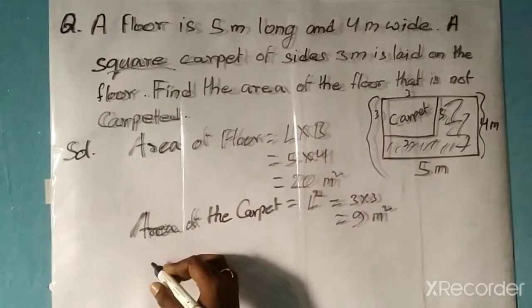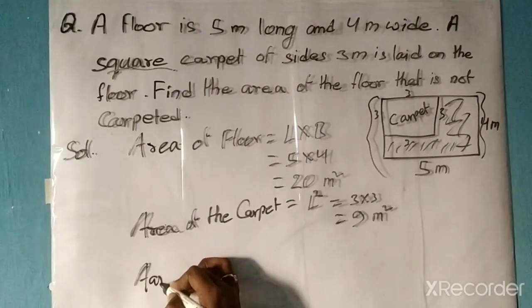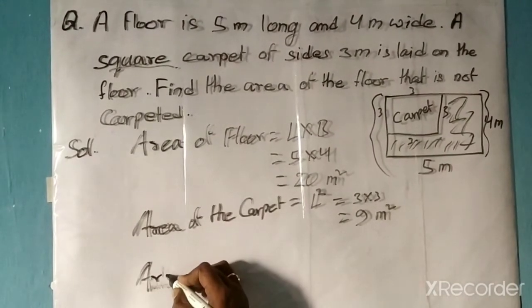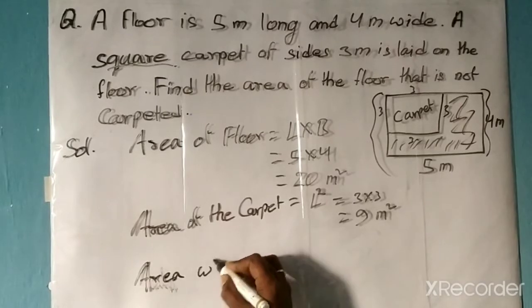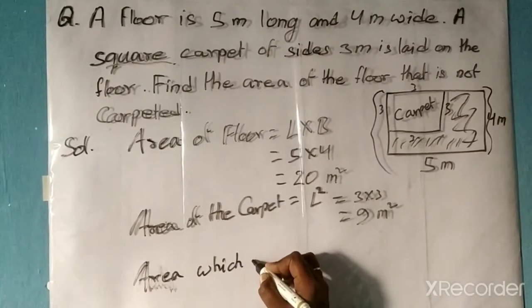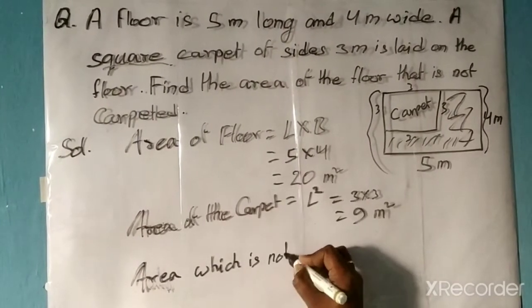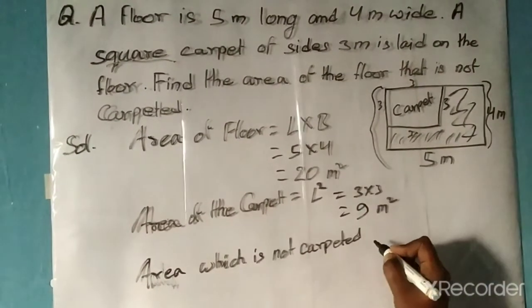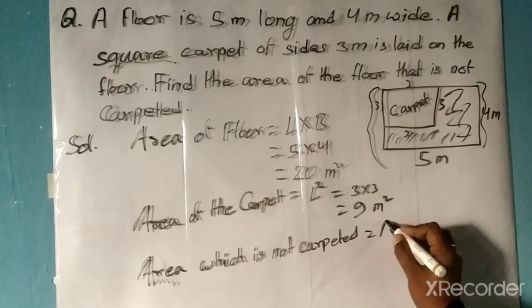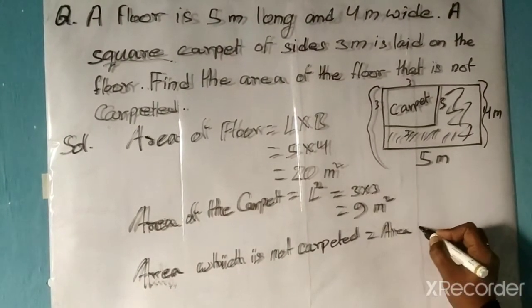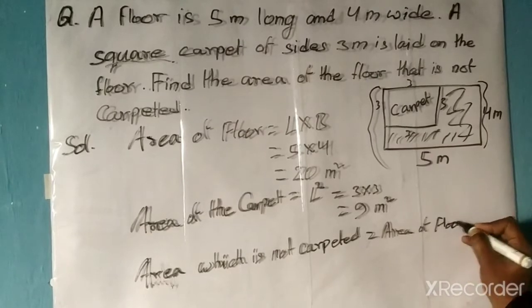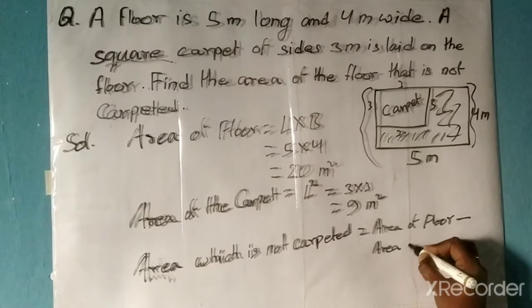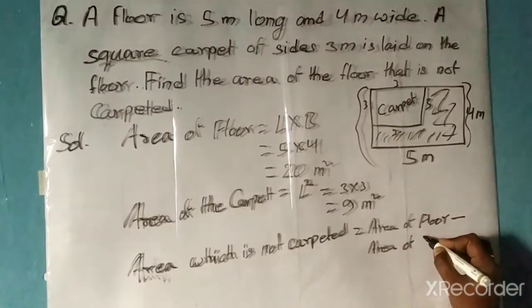Okay, so area not carpeted is equal to area of floor minus area of carpet.